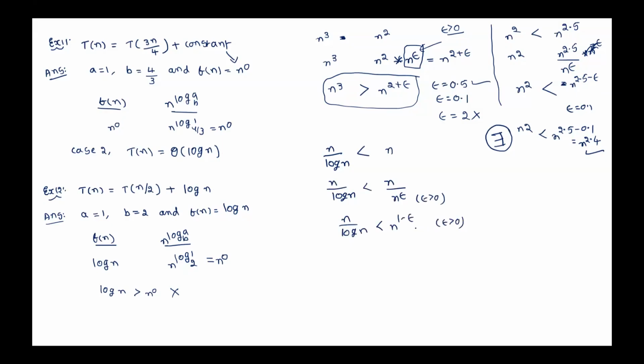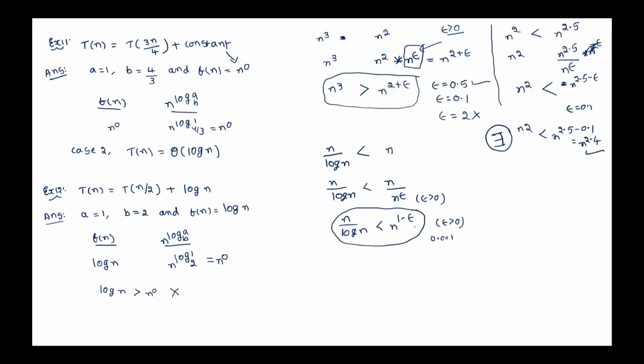Can you give some positive value for epsilon so that this holds? It is impossible. No such value for epsilon is possible. Even if you put 0.01, n is already there, so it doesn't hold.